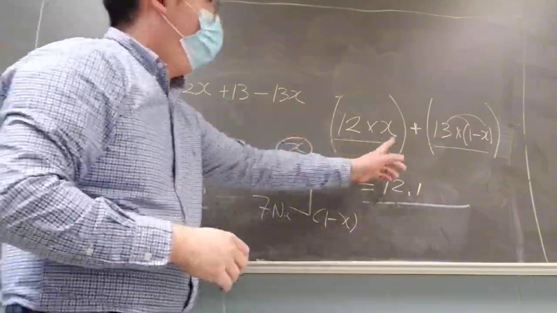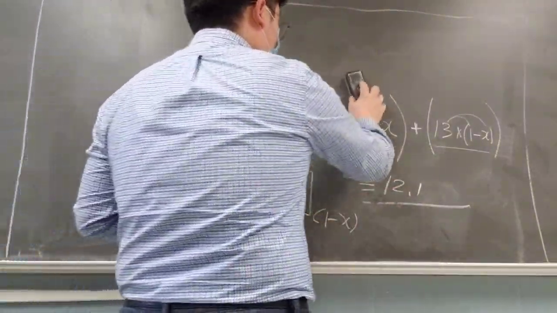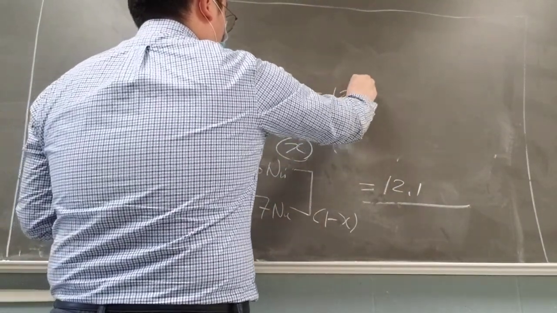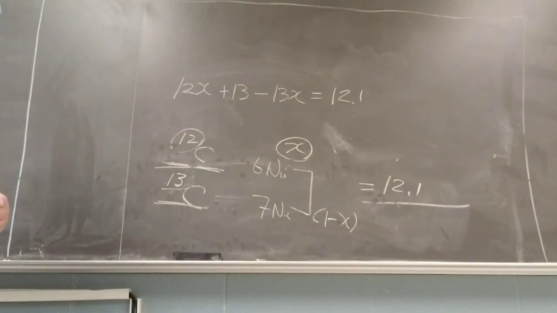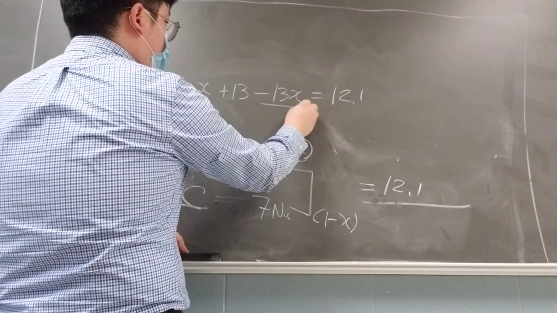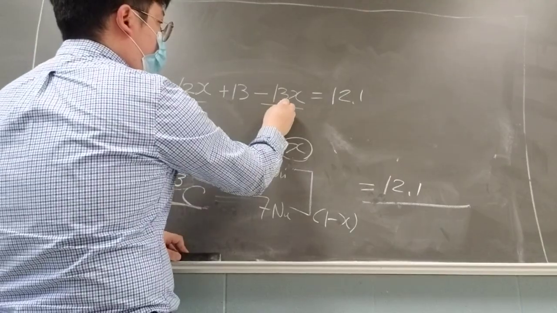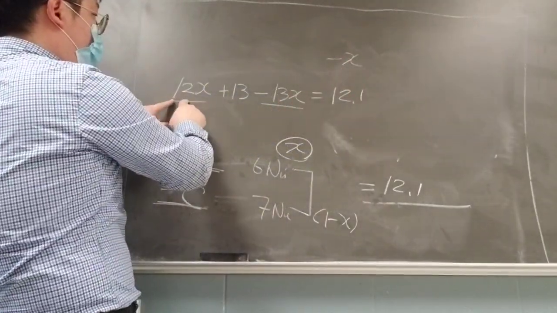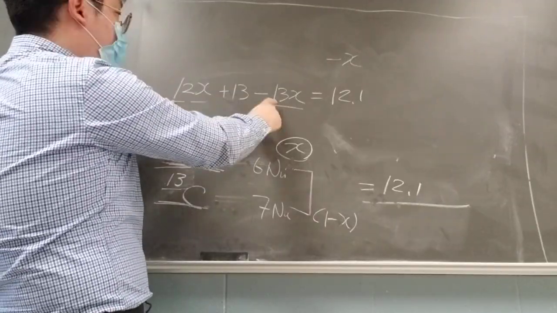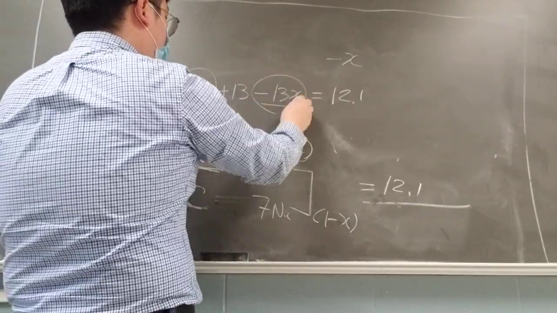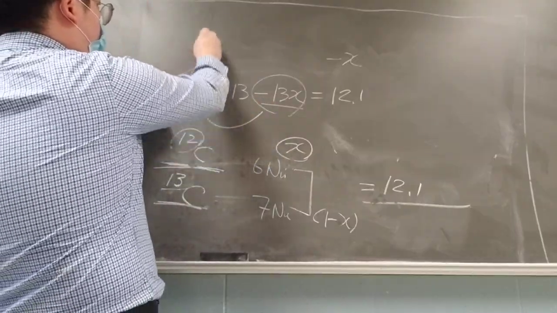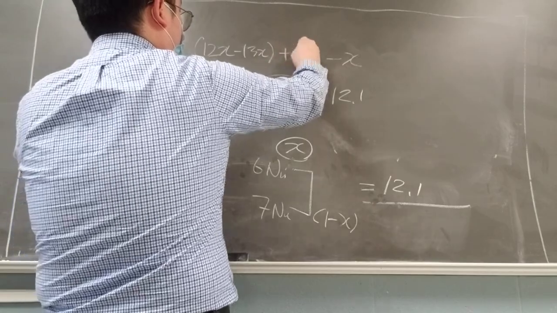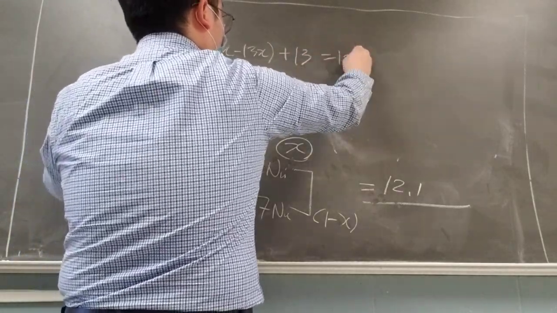Because you're going to add these, and that has to be 12.1. Okay? So 12X minus 13X will be negative X, right? 12 minus 13 is negative 1. So you group these two together: 12X minus 13X plus 13 equals 12.1.